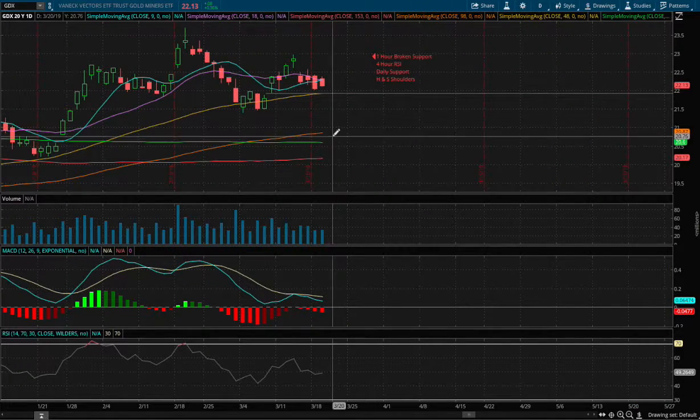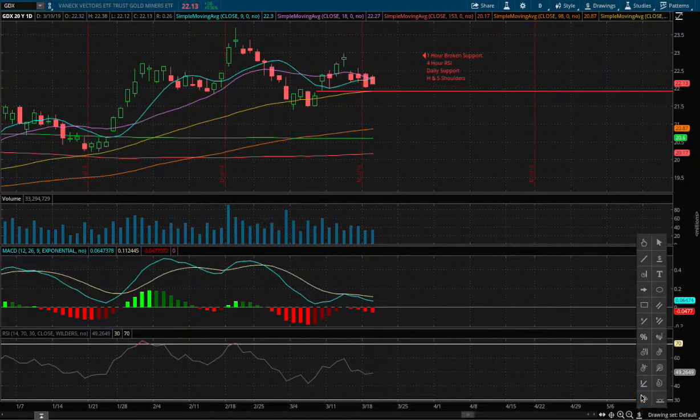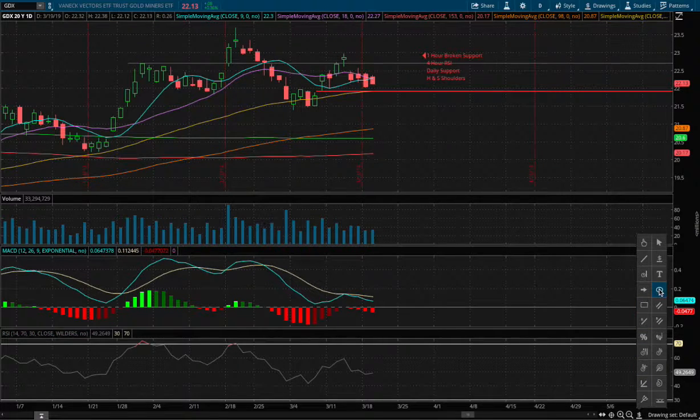Reason why I see this gold miners having a more chance of moving down, we have a head and shoulders pattern. You see here dating back to January 31st. This is a resistance, a price level resistance, or you may say it's a ceiling for the gold price.